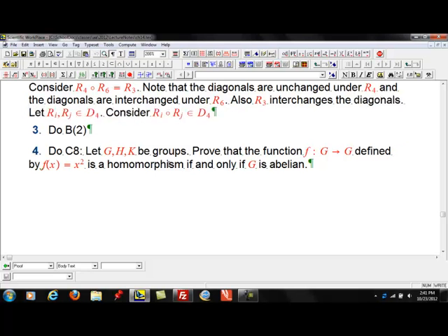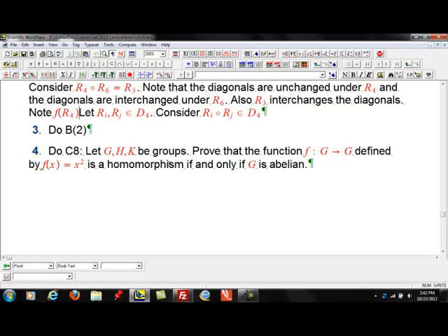Under R4, R6, when we do that together, we see that the diagonals are interchanged. Now let's consider that f of R4 is going to be equal to what?